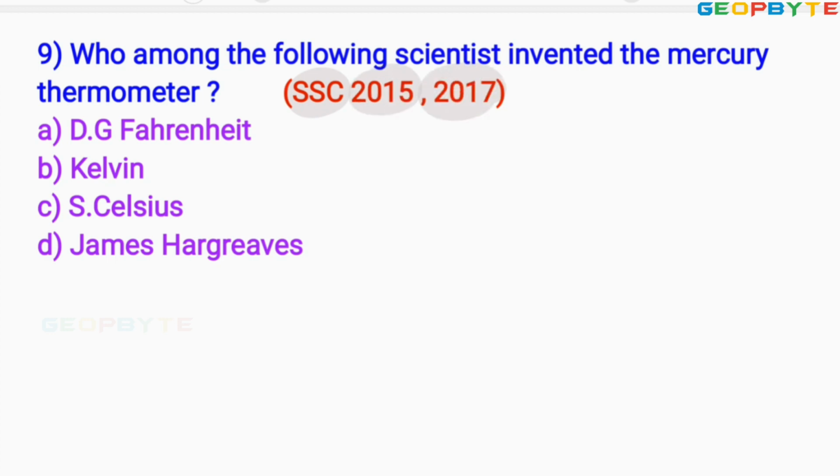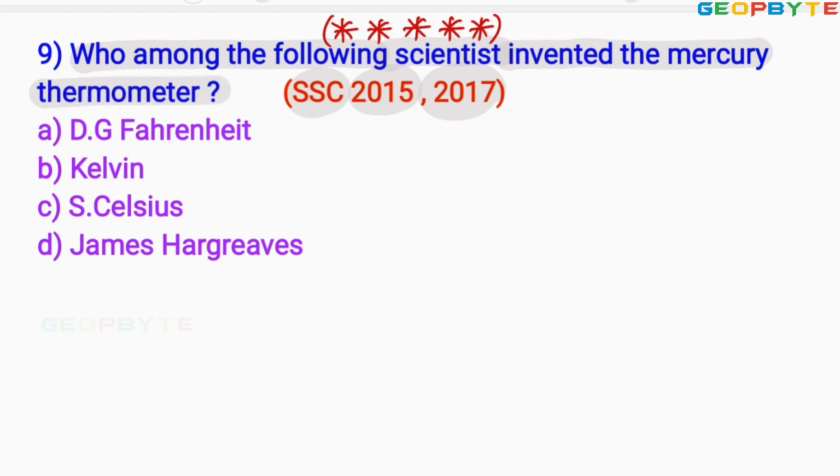It means this problem is a very important problem. Therefore, I can mark it as a 5-star problem. 5-star problem means the most expected problem in the competitive exams. Look at the problem. Who among the following scientists invented the mercury thermometer?